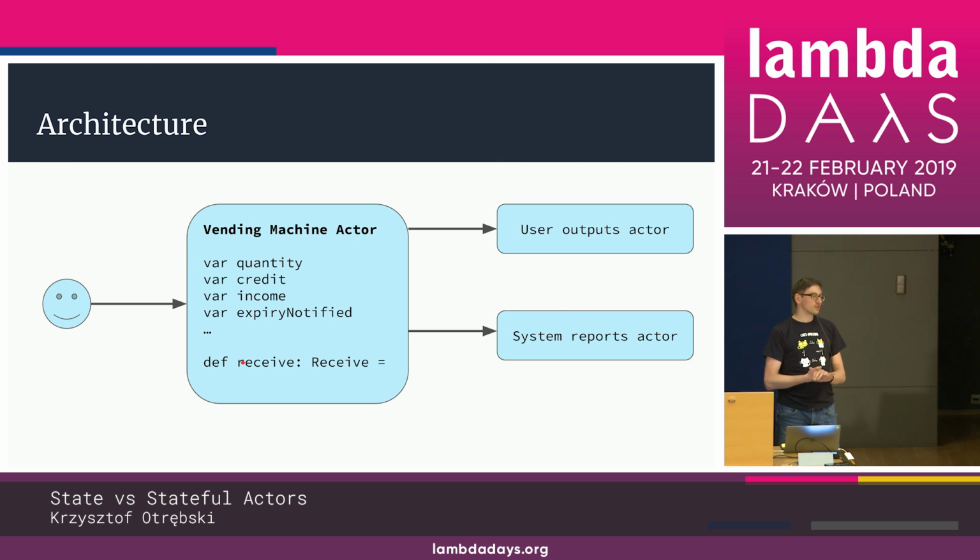It contains a lot of state and also a lot of logic. As a result, for example, if we want to display something to a user, a message is sent to the user output actor. If we want to report something to the owner, we need to send a message to the system reports actor. So this kind of side effect is executed in the receive block.